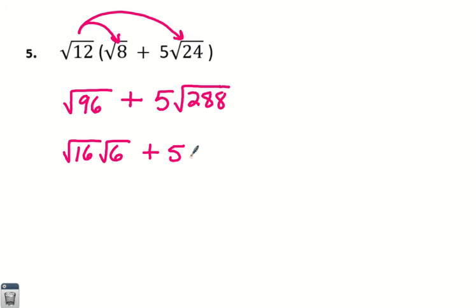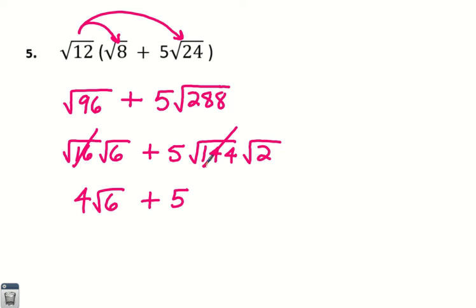Root 288, it just kind of came to me here that 288 can be broken up into 144 times 2. So let's take a breath here and realize that I rewrote root 96 as root 16 times root 6, and I rewrote root 288 as root 144 times root 2, because this is just 4, okay?